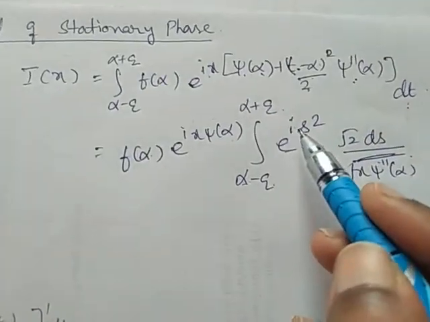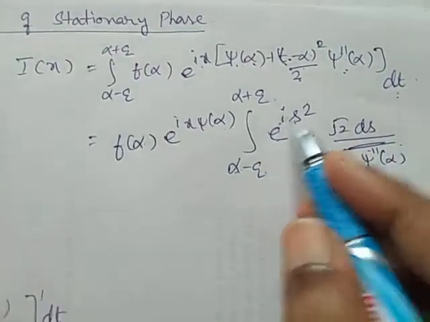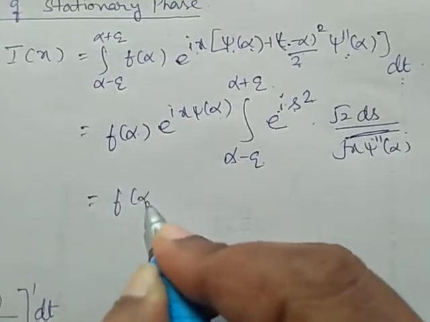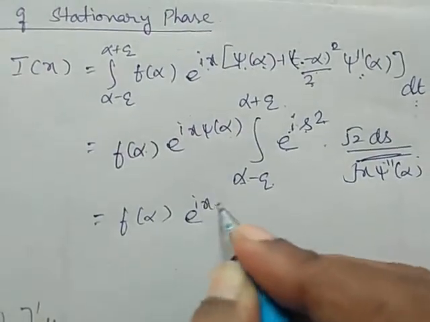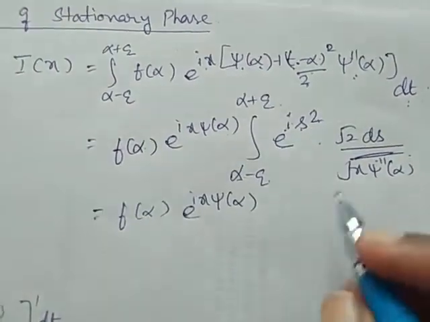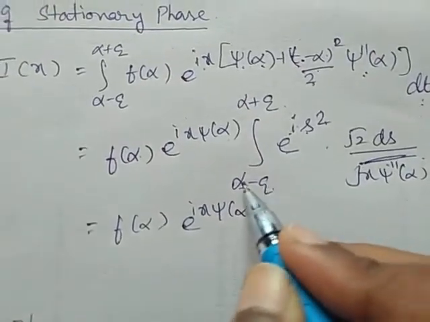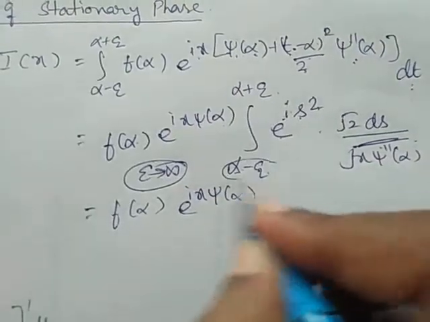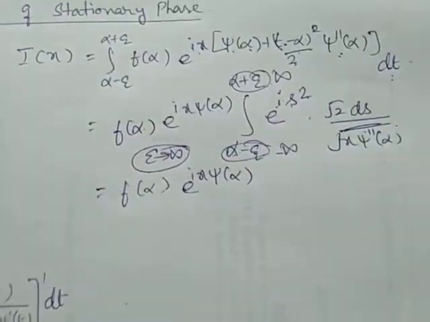Now I am going to substitute i s² as t, with e^{ixξ(α)}, and I am taking epsilon tends to infinity. So when epsilon tends to infinity, this becomes minus infinity, this becomes plus infinity.